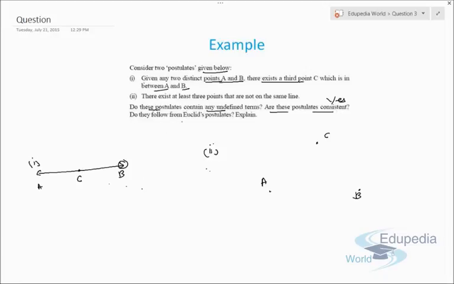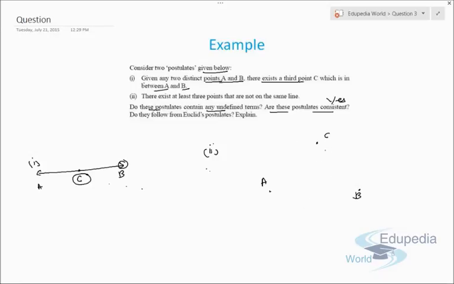Now, do they follow Euclid's postulates? First, we'll discuss each postulate. The first says that given 2 points A and B, there is a point C on the line in between them. And the second says that there exist at least 3 points which do not lie on the same line.